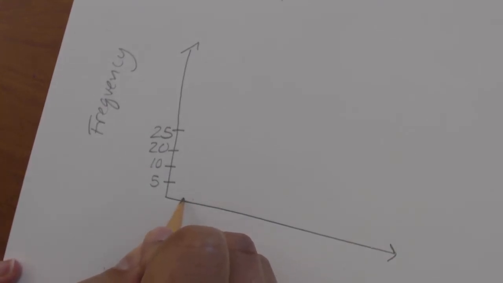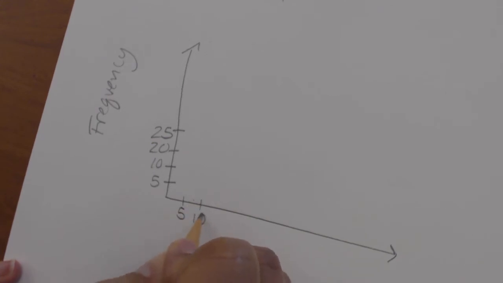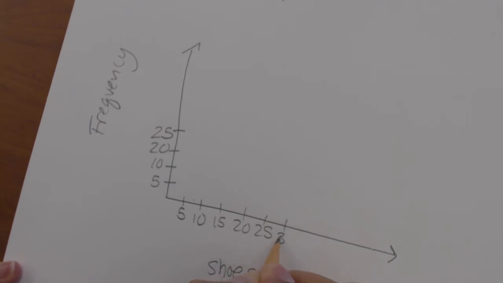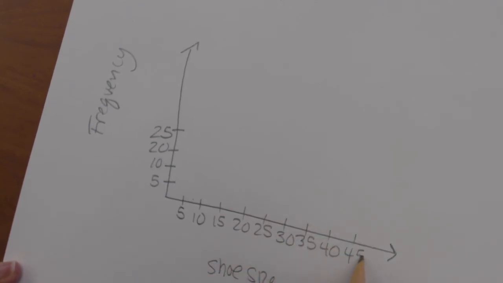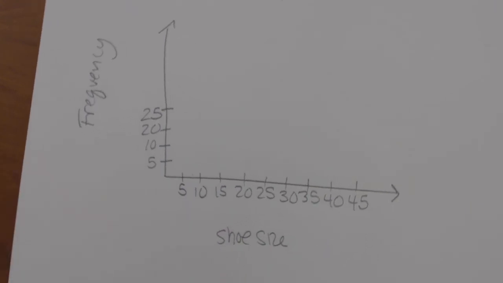Oh, we can do 5s too. Now what IB is going to do on their Paper 1 and Paper 2s, they'll tell you what each 1 centimeter should represent. So that's really nice because they give you the scale. So just pay attention to that.